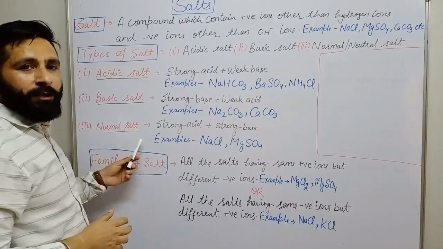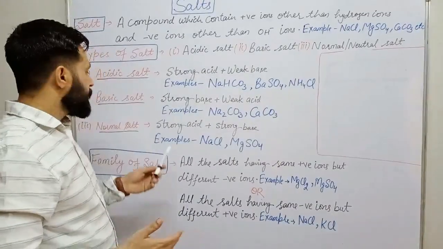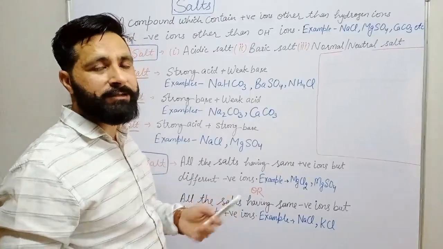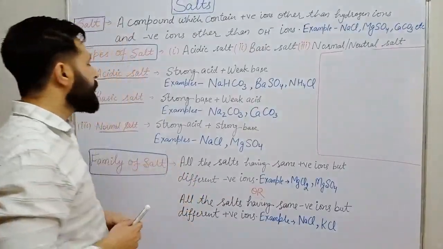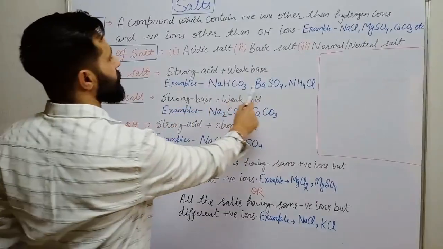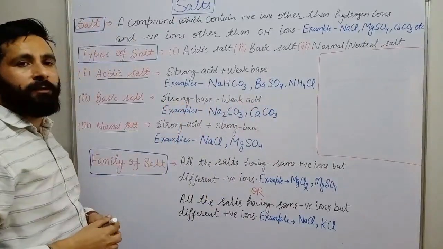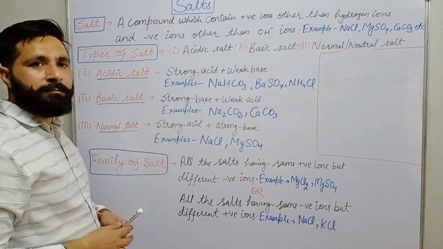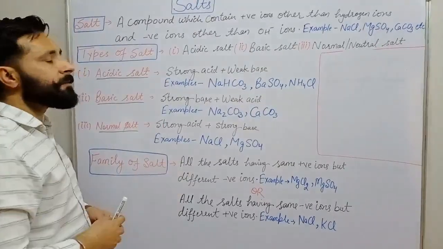But if it is a normal salt or neutral salt, both are strong, means the strength is the same. If the strength is the same, they will be neutral. These are the examples of acidic salt, basic salt and neutral salt. So you can revise two or three examples.